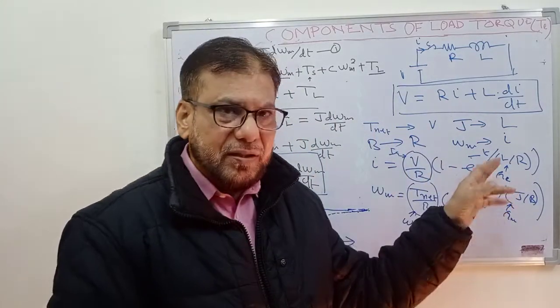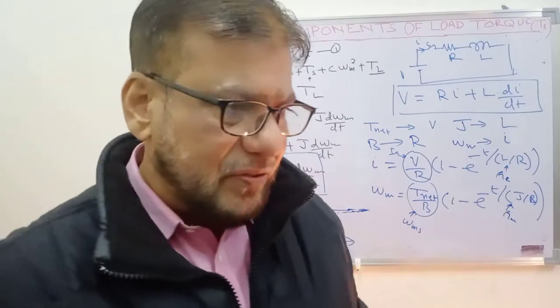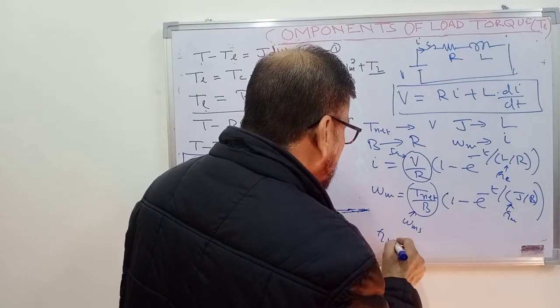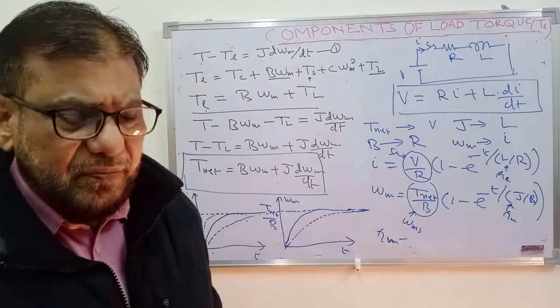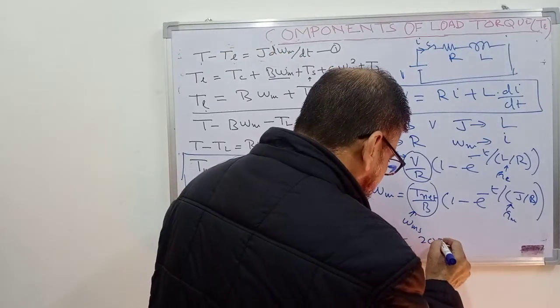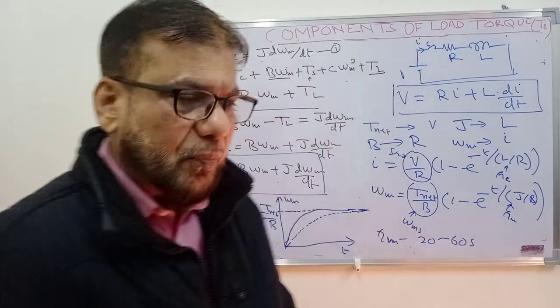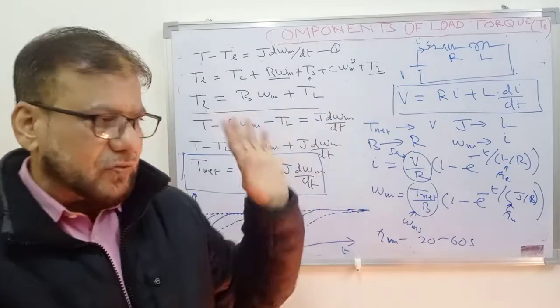Electrical time constant may be some milliseconds, maybe 10 or 20 milliseconds, whereas the mechanical time constant tau m may be some tens of seconds, say from 20 seconds to say 60 seconds. So the mechanical time constant is much higher than the electrical time constant.